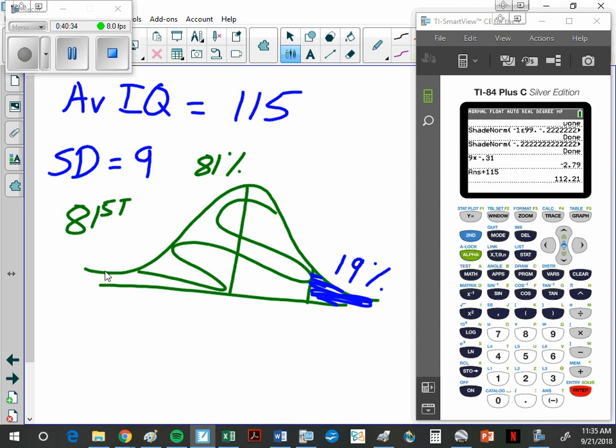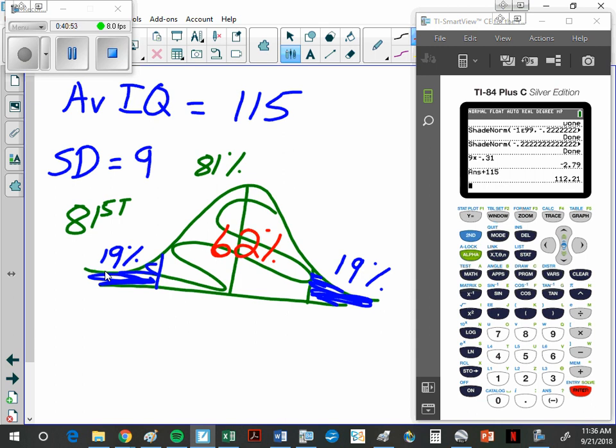So I need to cut off 19% over here. 19 and 19 is 38, which means that the center must be 62%. Now, does everybody understand how that works?